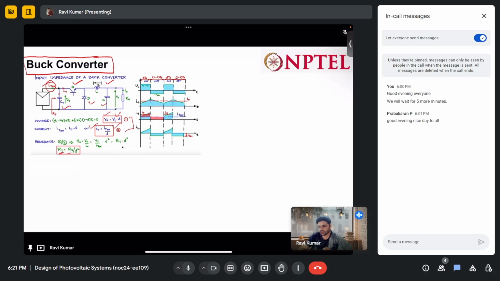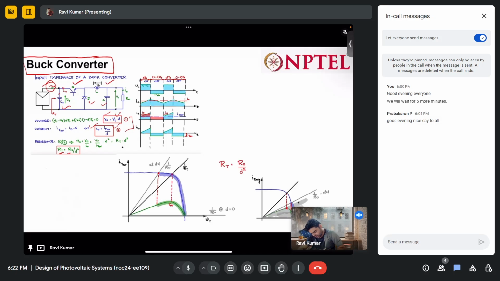Now can we get the points which were not covered in the case of a boost converter? So let's see. If this is the relation RT equals R naught by D square, then for D equals 0, RT will be infinite and 1 by RT will be 0.